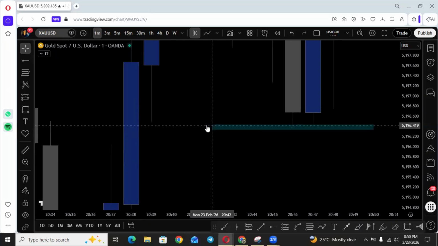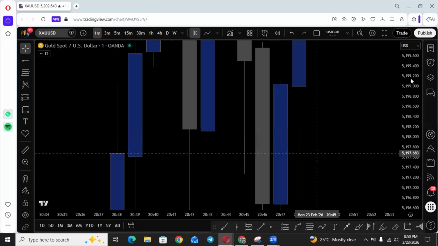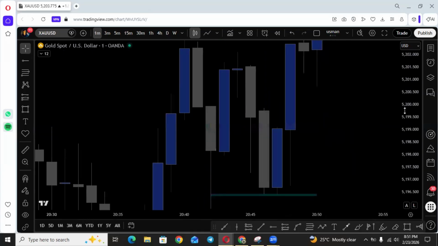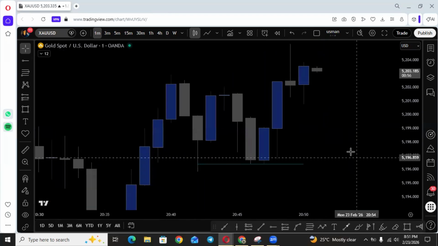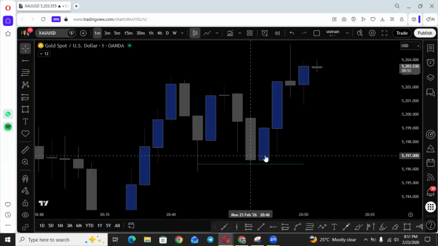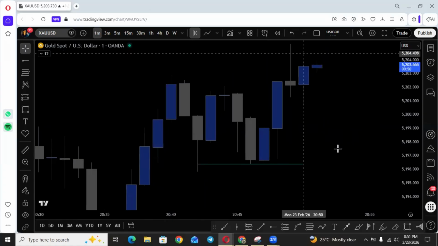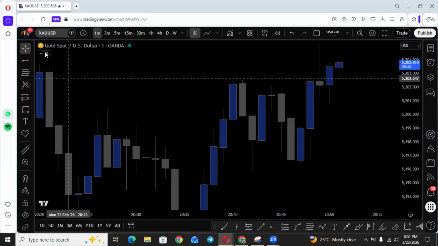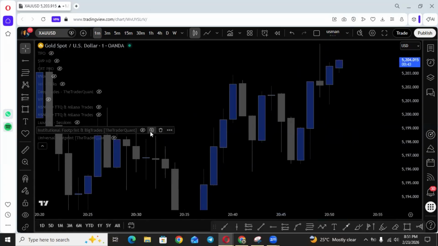This is the imbalance left at the price area to the tick, where the market has to mitigate, tap the orders which were left and execute those orders, and when those orders are executed, the market will go up. So this is the understanding of imbalance.